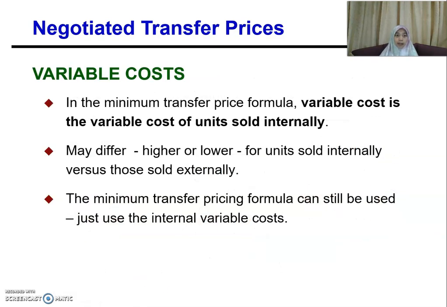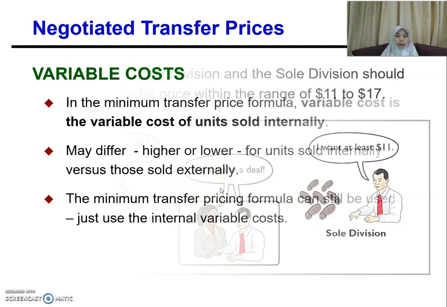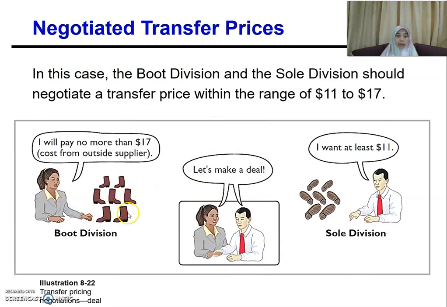After that, you need to look at the variable cost in the minimum transfer price formula. Variable cost is the variable cost of units sold internally. So it may differ, higher or lower, for units sold internally versus those sold externally. For example, in our case just now, if you sell outside you can sell at 18, but if you sell internally maybe you sell at 15 or 16.